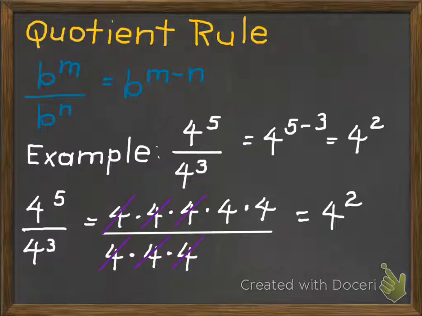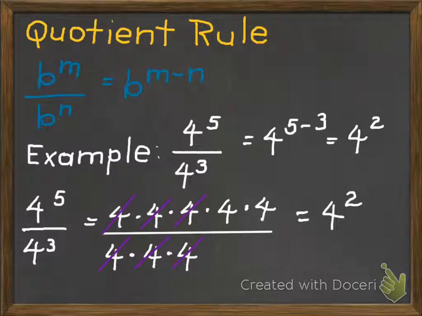Now, if we wanted to simplify that expression, we would eliminate all of the 4's over 4's, because anything over itself is 1, and 1 is an identity for multiplication, so we don't need to write it. 1 times anything doesn't change that number. So we scratch out all of the 4's over 4's.